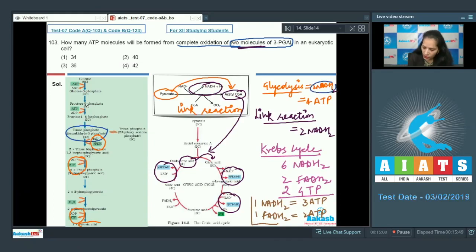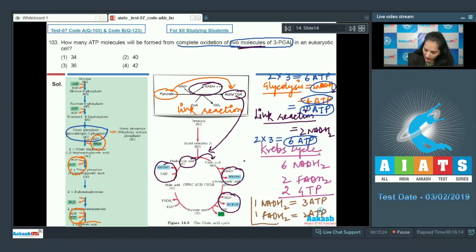Here it is 2 NADH2 molecules, so 2 into 3, 6 ATP, plus these 4 ATP. So total production of ATP from glycolysis is 10 ATP. From link reaction, it is 2 into 3, that is 6 ATP.